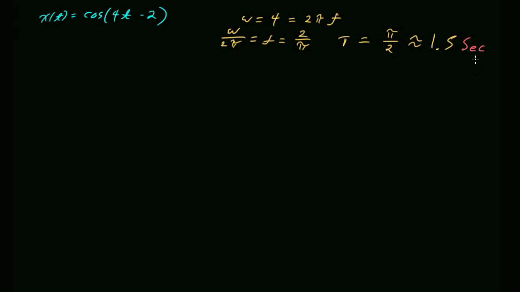Don't leave me high and dry. You've got to get your units on there. You might think it's obvious, but I don't know that you know unless you put the units there. Okay, so should I just draw something that has a period of pi over 2 seconds?